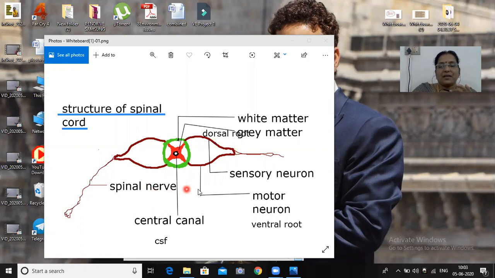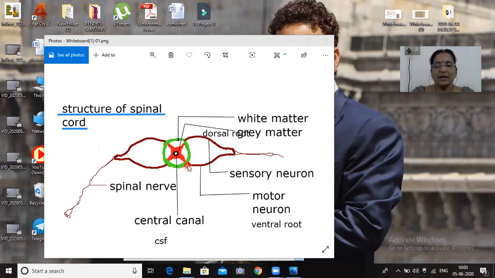Then, the function of the sensory neuron or dorsal root. In this word sensory, it carries impulses from different body parts, especially from the sense organ, towards the spinal cord. That is done by dorsal root or sensory neuron.